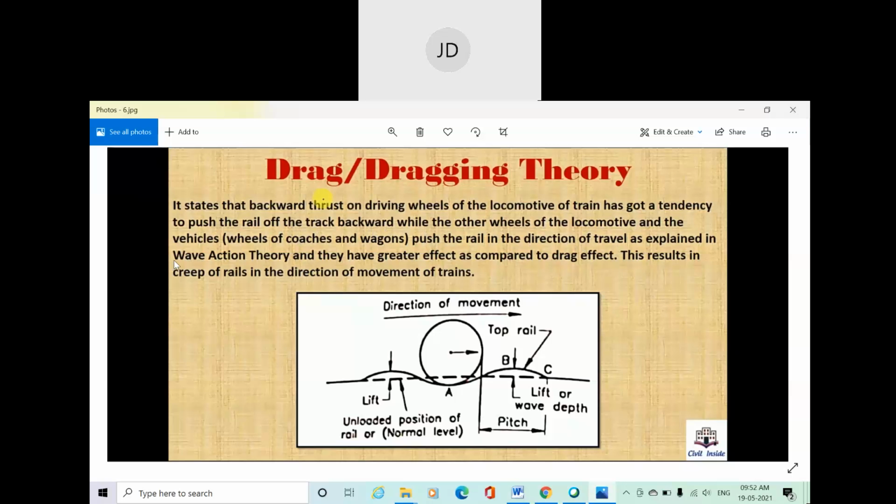Because of the trailing wheels connected to the wagons or passenger compartments, a drag force occurs in the driving wheel, and because of that the leading rail part moves forward with respect to the trailing rail.